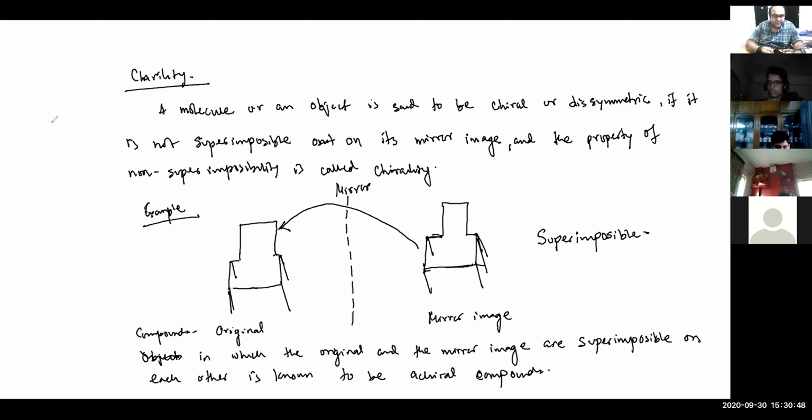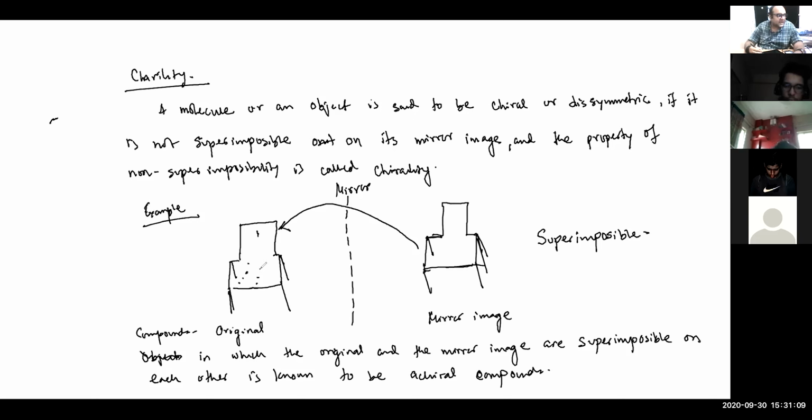So simply put, if you remember the chairs in my classroom in Octagon, you can stack the chairs one over the other. Since you can stack it one over the other, they have similar images.